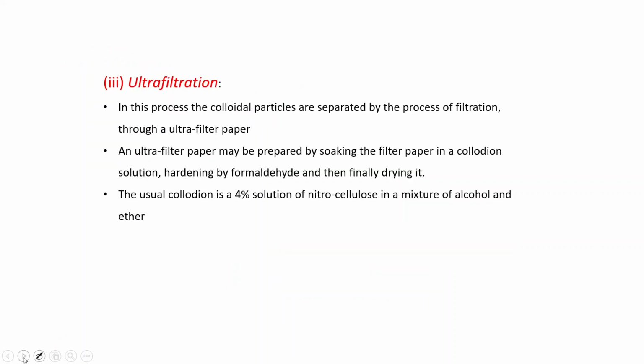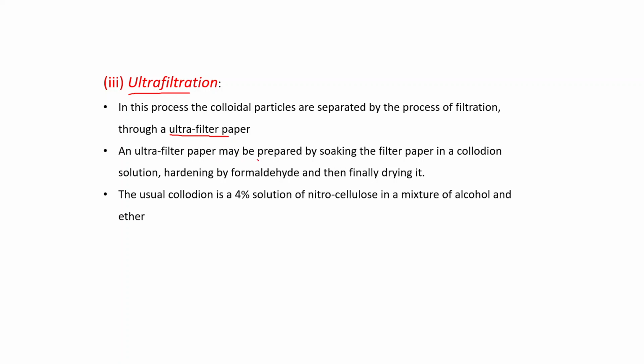Next one is ultrafiltration. As we know, colloids cannot be separated by using normal filter paper, because in the case of normal filter paper the pore size is large, and colloidal particles will pass through. But if we use ultrafilter paper, then we can separate the colloidal particles. Now, how can this ultrafilter paper be made?